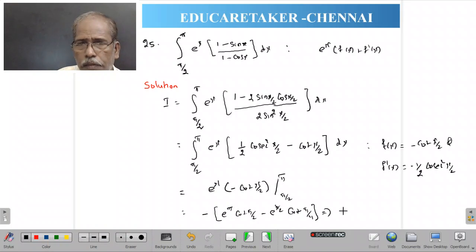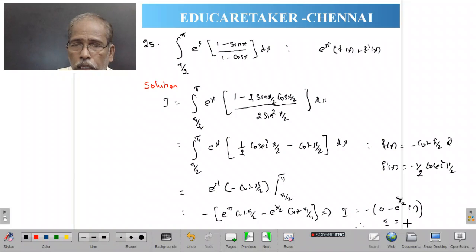Cot pi by 2 is 0, yes, cos pi by 2 by sin pi by 2. The first term is 0, minus e power pi by 2 and cot pi by 4 is 1.